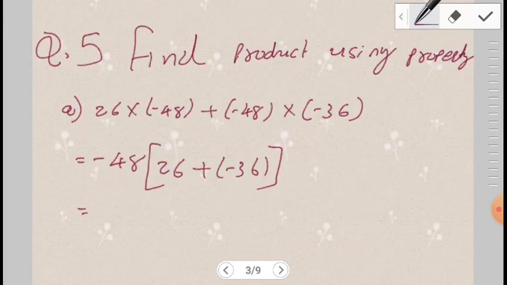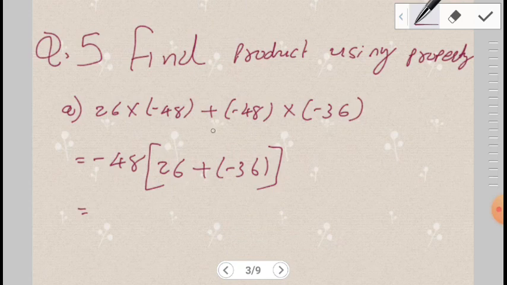Here in question 5, find the product using its property. We have discussed lastly the properties which we have used here. So here 26 into minus 48 and plus 48 into 36.